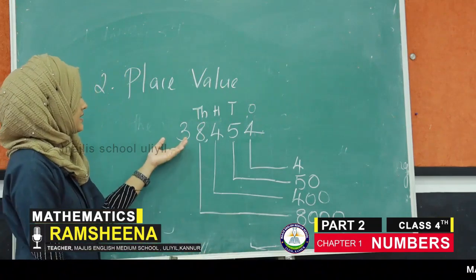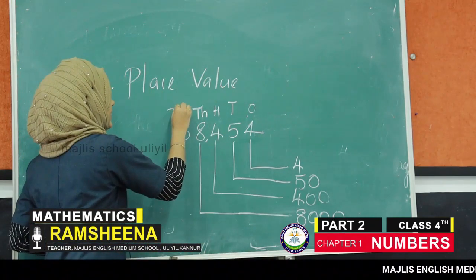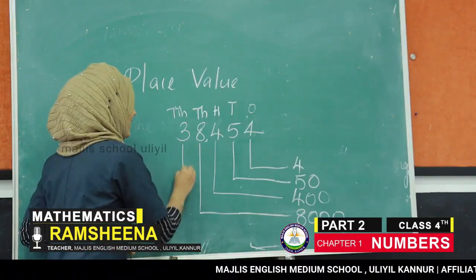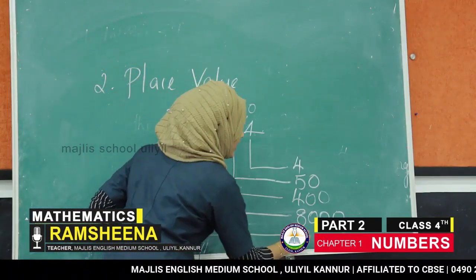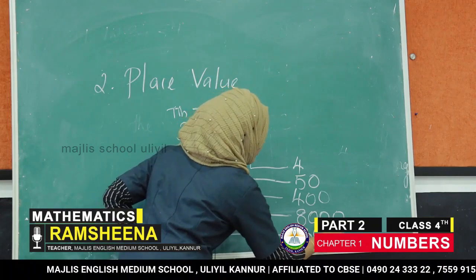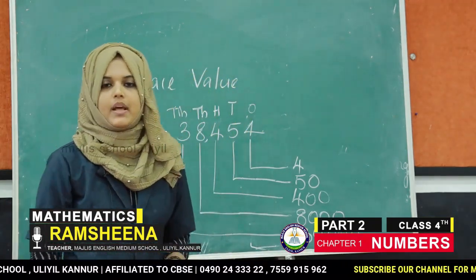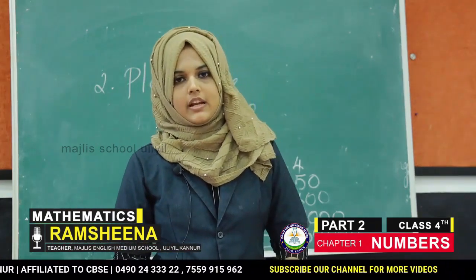Then the last number 3. 3 stands in 10,000 place and the value of 3 is 30,000. This is the place value and face value chart.